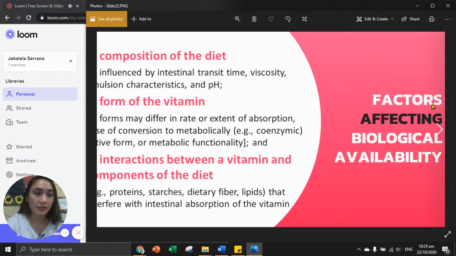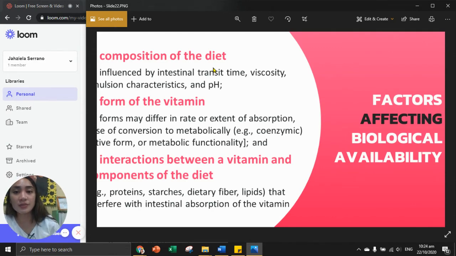So, we also have factors affecting biological availability. For example here, my slide is tilted. First is the composition of the diet. Again, people are different. We have different body compositions. Same with the composition of the diet. Not everyone eats the same thing every day, right?